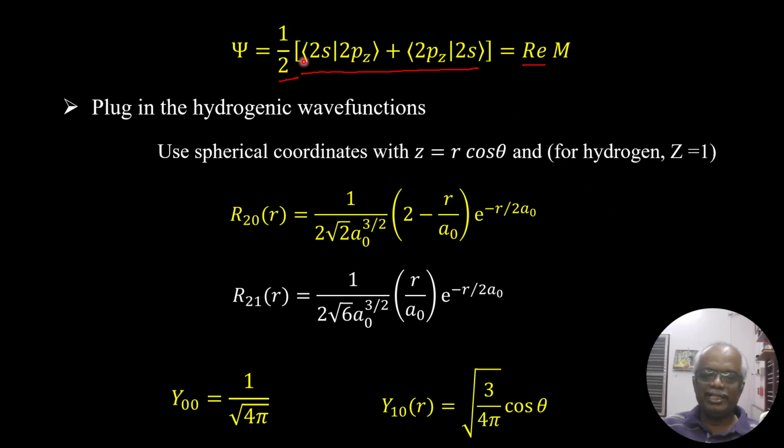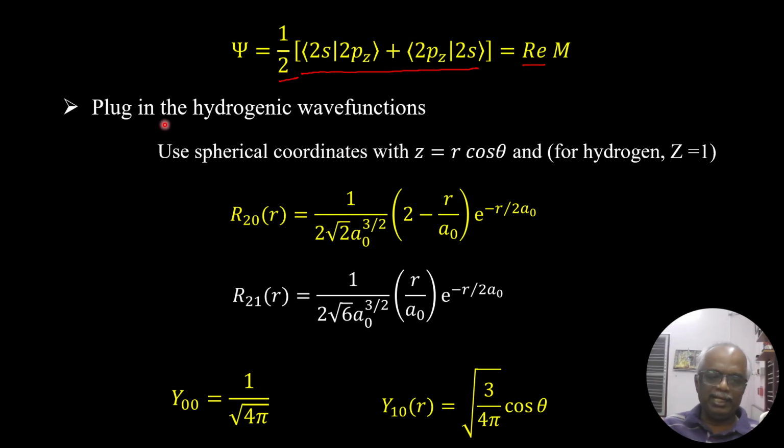So we can take 2 times psi 2s multiplied by psi 2pz. Then the 2 will get cancelled. You will get 2 times the real part of psi 2s and psi 2pz, that is the real part of M.